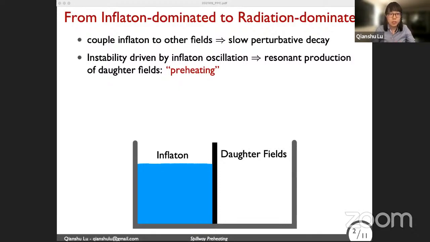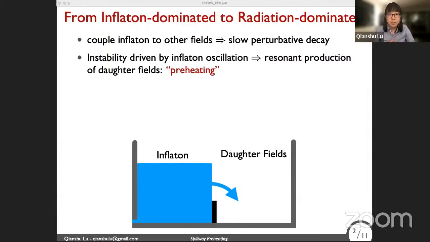This nonlinear phenomenon was named preheating, and many different models of preheating have been proposed and studied in the literature. Coming back to our water tank analogy, now we have a daughter field tank next to the inflaton tank, and preheating simply removes a large portion of the wall, allowing water to rapidly flow from one tank to the other.